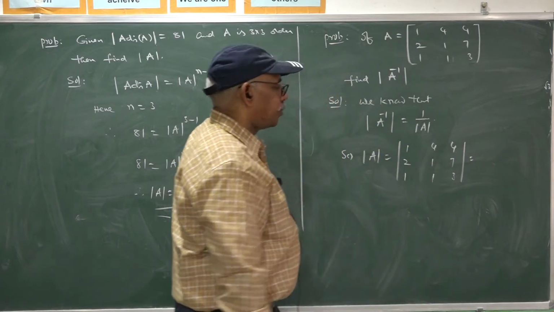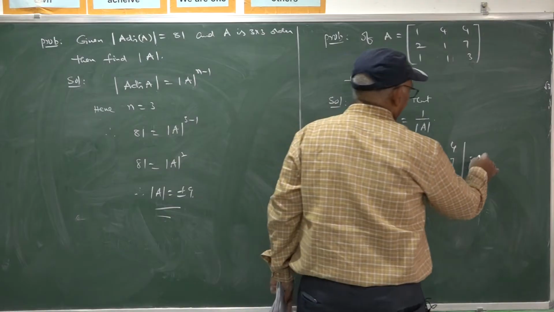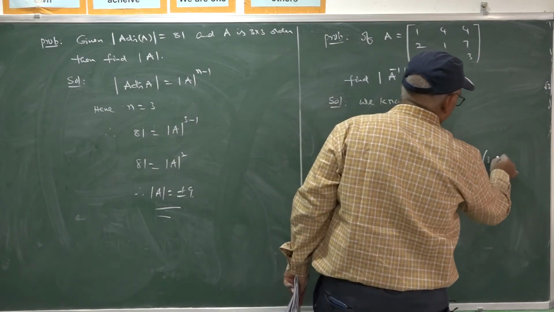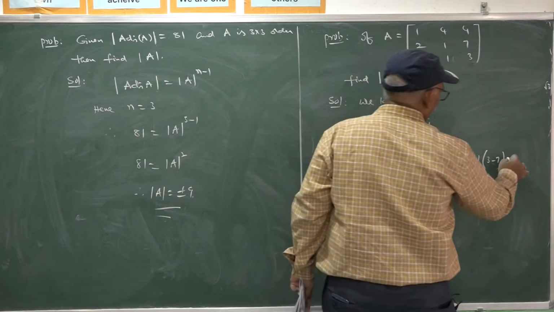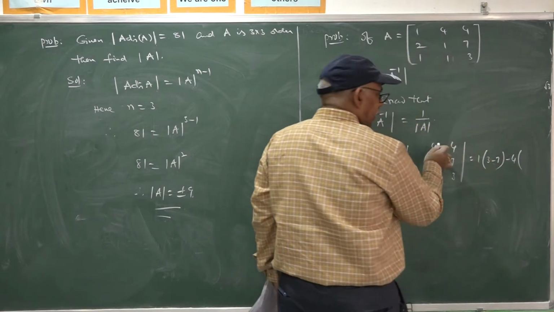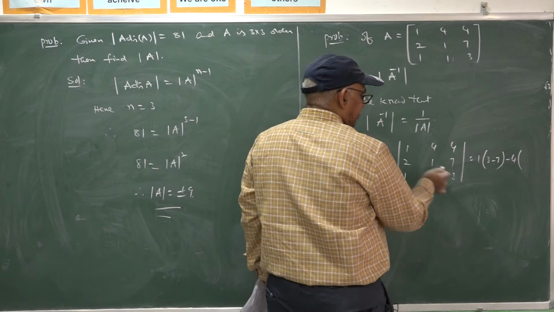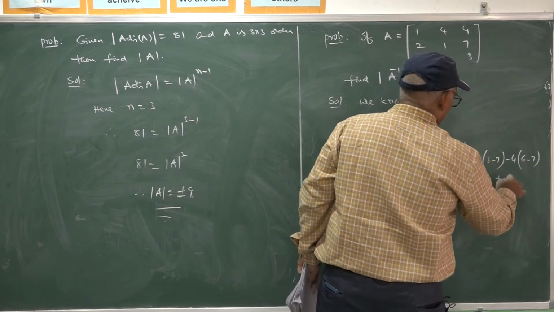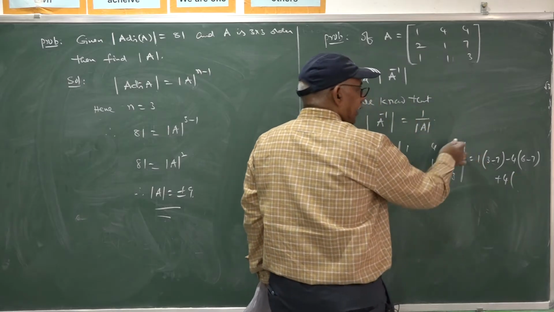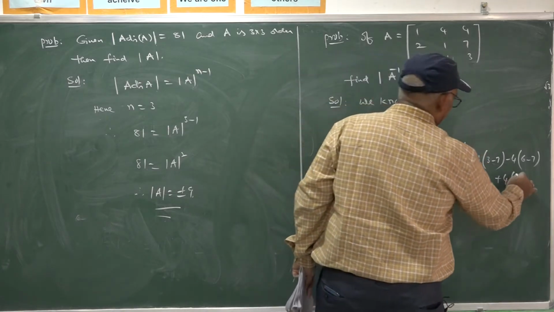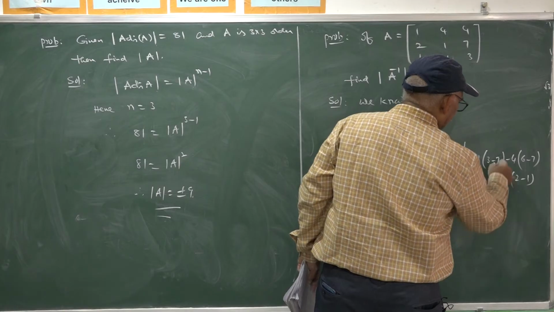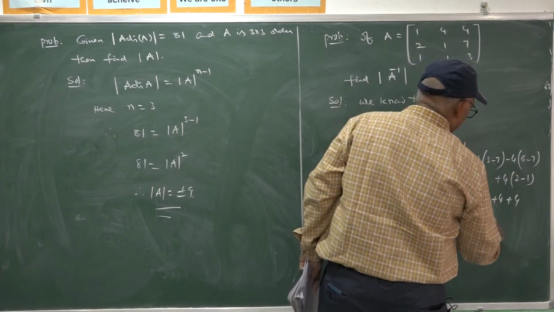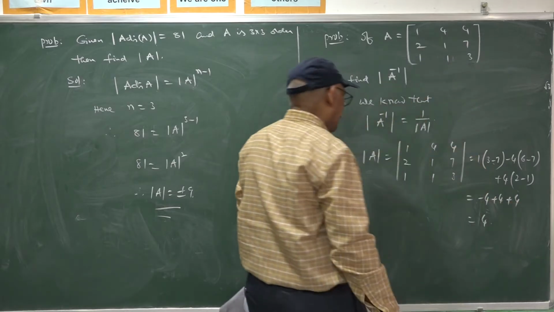Because the elements are simple values here, you can straight away evaluate the determinant: 1 into 3 minus 7, minus 4 into, eliminating this row and column, 6 minus 7, plus 4 into, eliminating first row third column, 2 minus 1. So, this is minus 4 and plus 4 plus 4, hence we get 4.